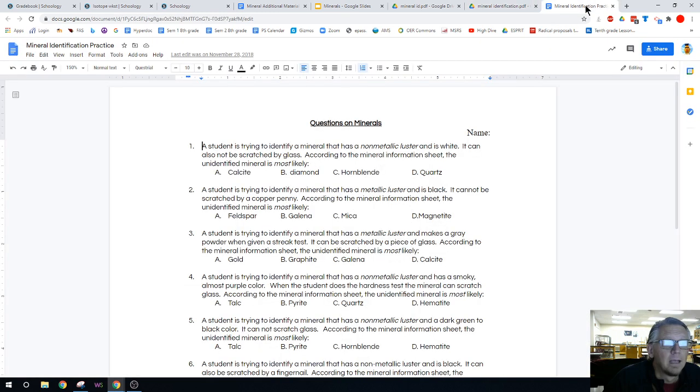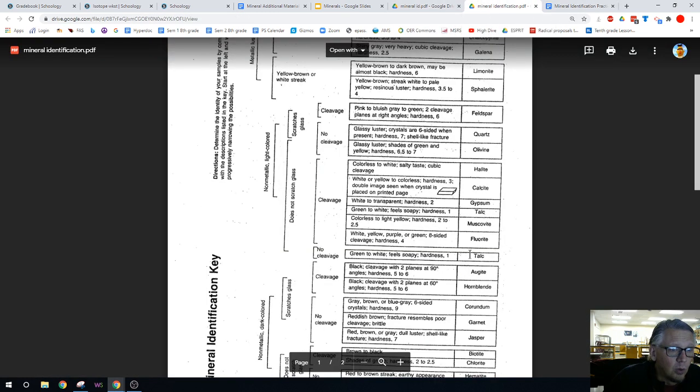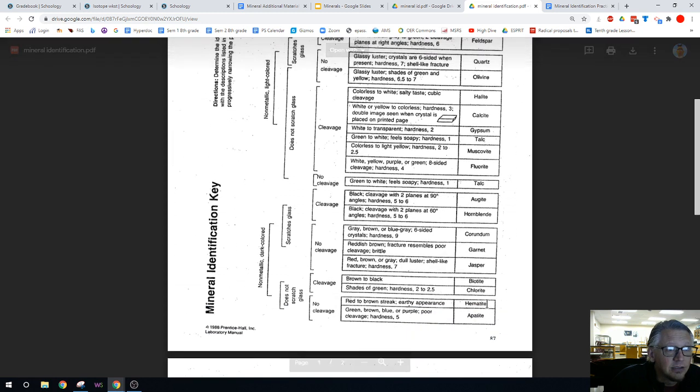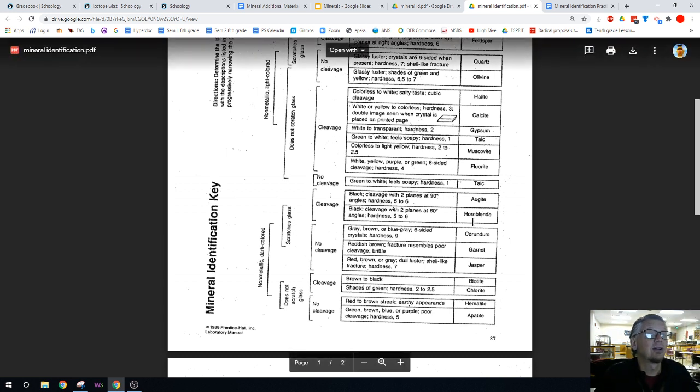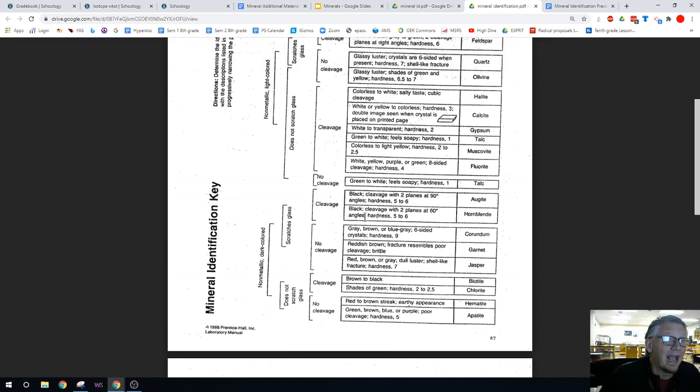Okay, so let's take a look at hornblende. Hornblende is here. It has cleavage. It scratches glass, so that tells us that hornblende has cleavage but is harder than glass, which we don't want. And it's dark colored. Sorry for yawning.